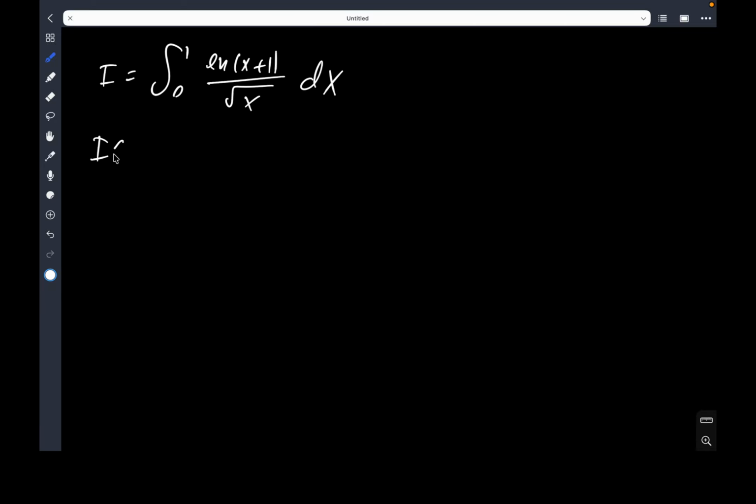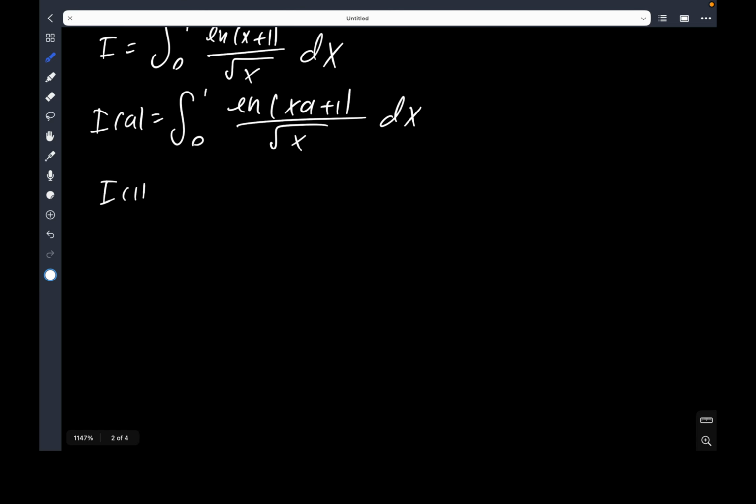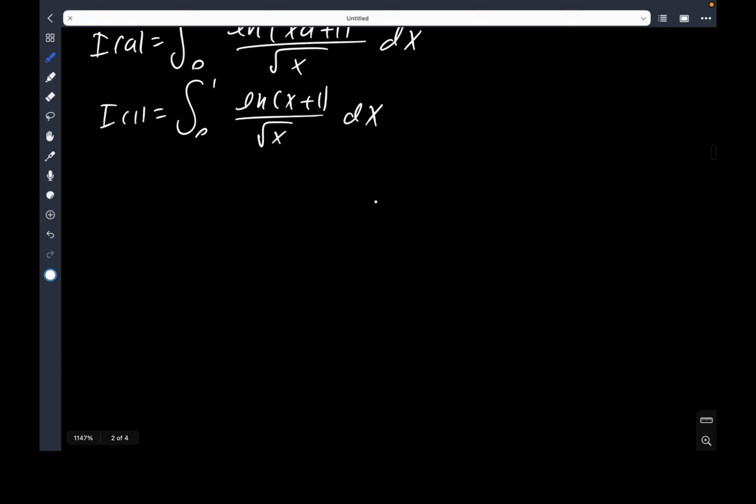So, to solve this, I'm going to use Feynman's trick, which is not necessary but is really interesting. I'm going to define a parameter a in this integral, and if I find I of 1, that means I have found the integral that was asked.